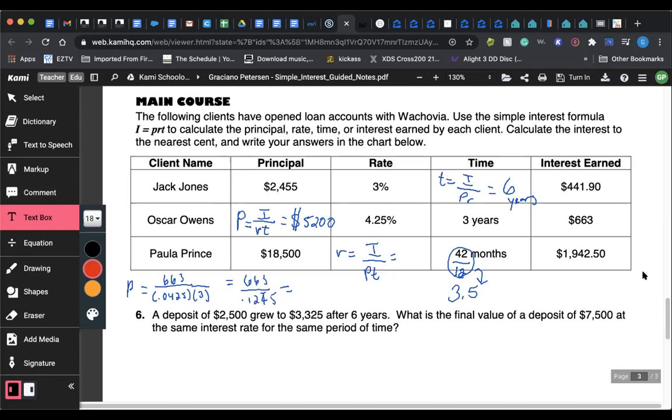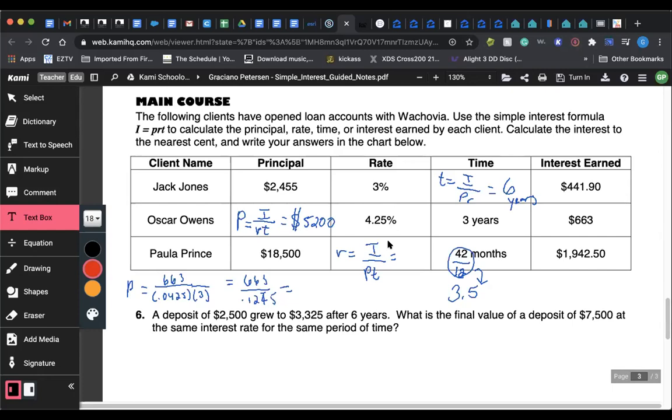So is the rate 0.03? Yes, it is. Very good.